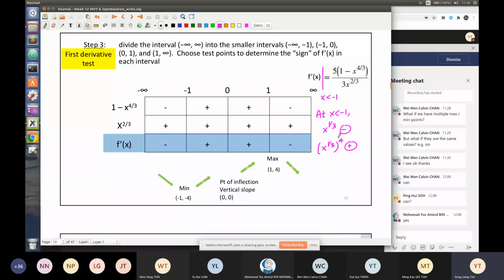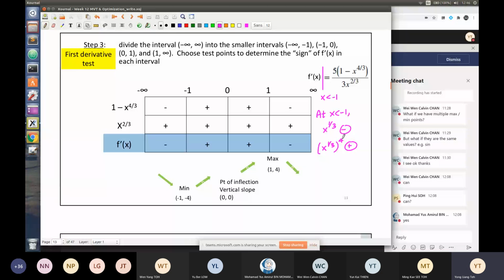So therefore, this term is going to be more than 1. You must imagine when x is less than -1, the value is like, for example, -2. If you raise -2 to the power of 4, you get a positive value that is more than 1.